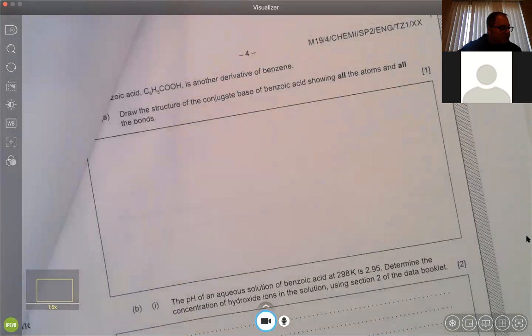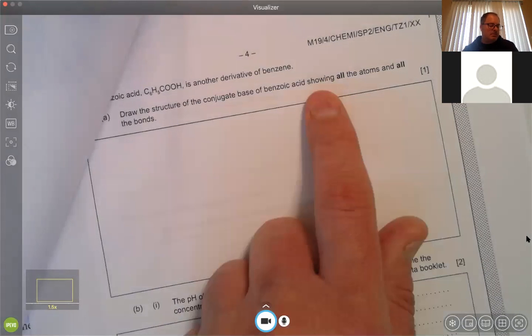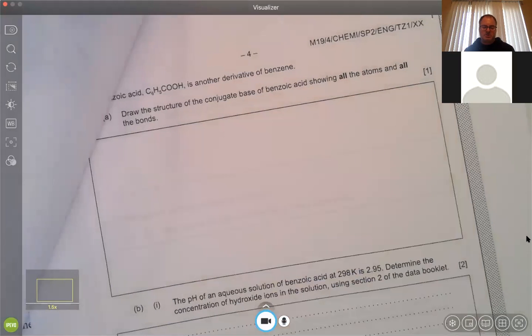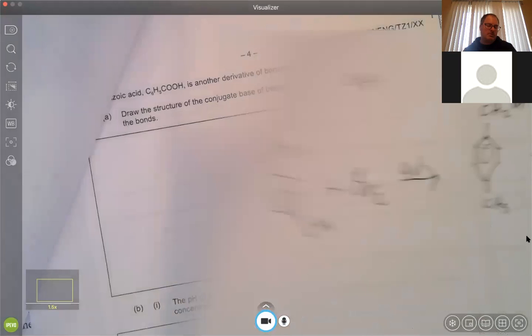Benzoic acid. So you basically would have the benzene ring, and then coming off of the benzene ring, you would have a carboxylic acid. And notice that this one is showing all the atoms. So are we going to be able to use our ring structure like we did for the previous one?